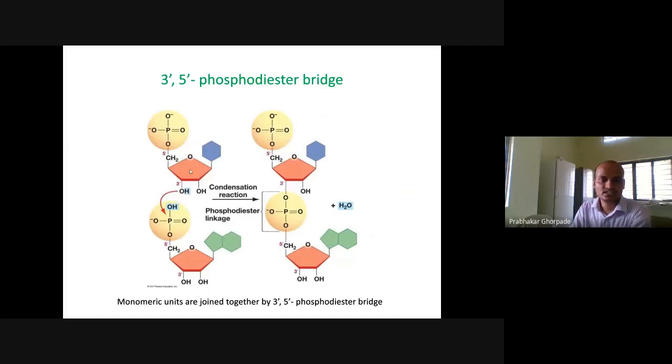So again we have this nucleotide. This one is a sugar molecule. This blue you can see is a base, and here in the yellowish color we have this phosphate group. So phosphate group, sugar molecule, and this one is a nucleotide base. So this one is a nucleotide. One nucleotide, we have a second nucleotide.